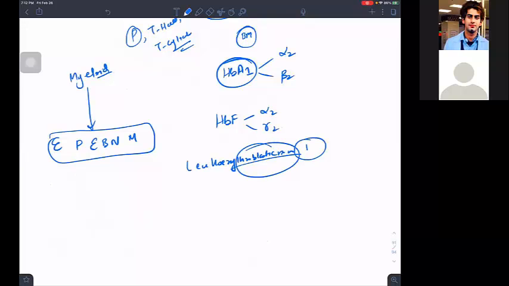Okay. So which condition has leukoerythroblastic reaction? Myelofibrosis.